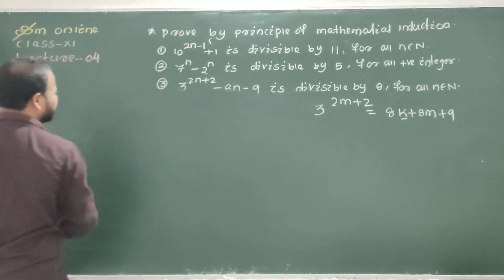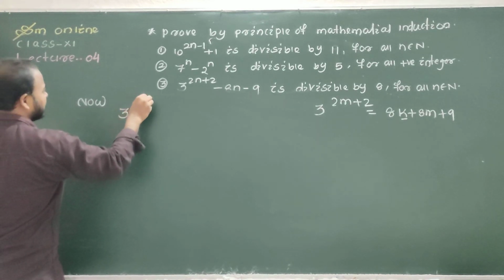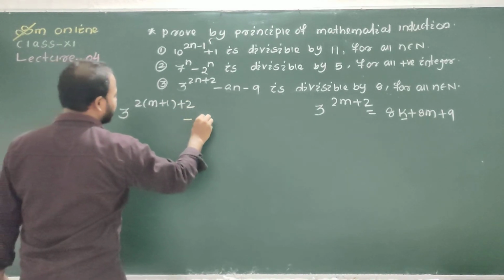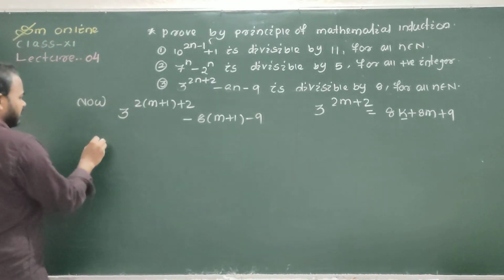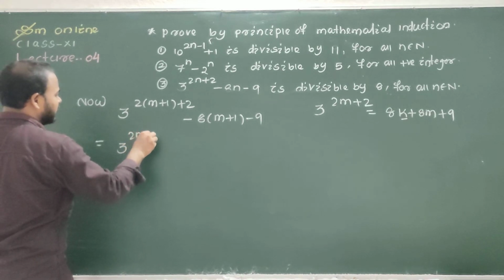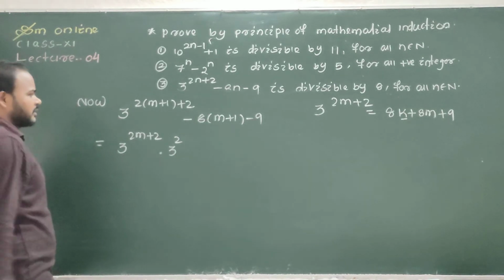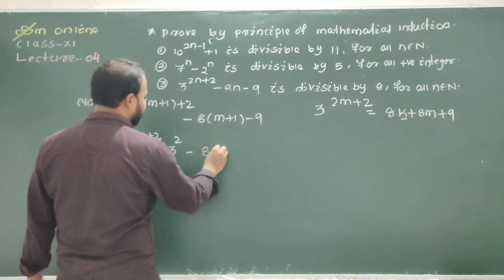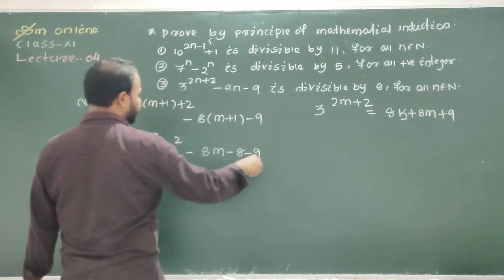Now we have 3 to the power 2 into m plus 1 plus 2 minus 8 into m plus 1 minus 9, equal to 3 to the power 2m plus 2 into 3 squared, minus 8m, minus 8, minus 9.